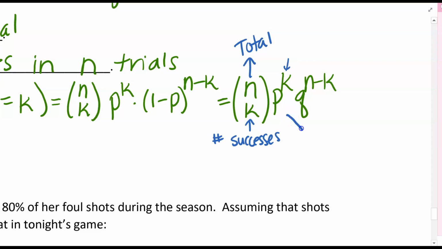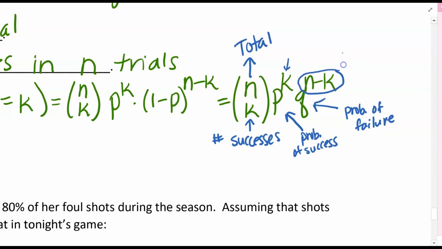And then P, we talked about, that's the probability of success. Q is the probability of failure. And then N minus K is the number of failures. I just didn't write it because it's the same. It's the number of successes.